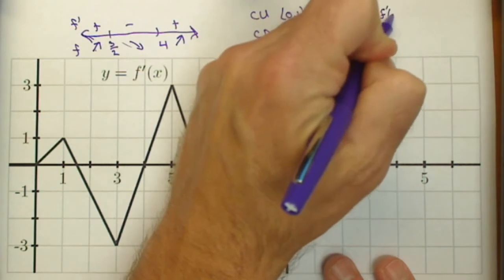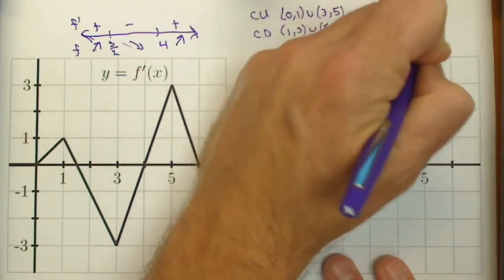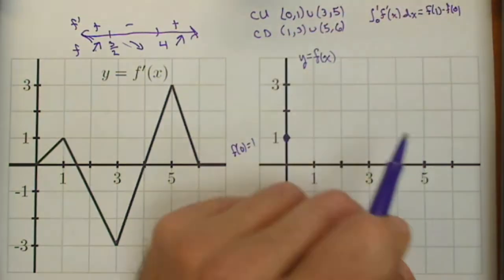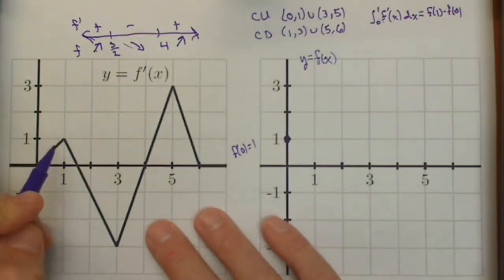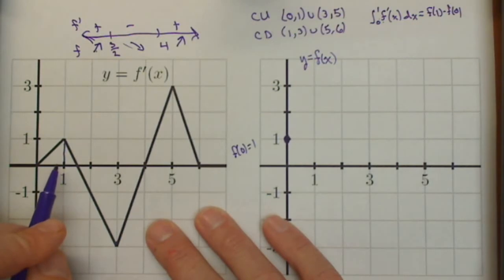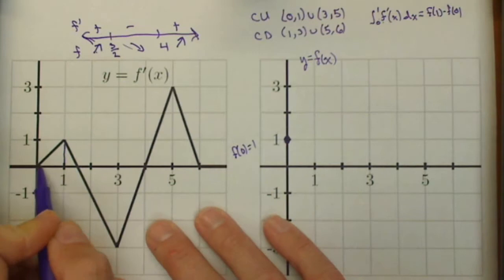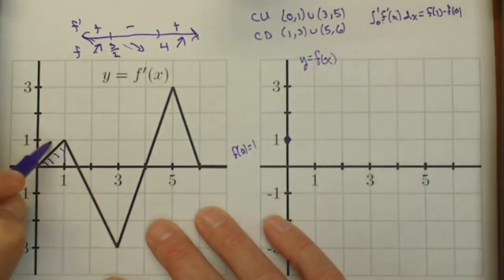The integral from 0 to 1 of f prime of x dx is f of 1 minus f of 0. Remember, this is the area underneath the curve. So what we need to do is get the area accumulated between each point. This triangle has a base of 1 and a height of 1, so an area of 1/2.